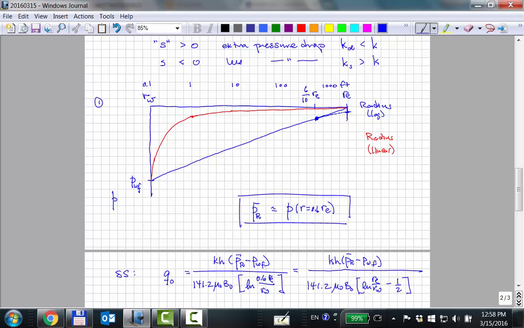That's what it's going to look like. So the profile is essentially identical except out at the very far end here. And this is for what we call pseudo-steady state, where we have a no-flow outer boundary.